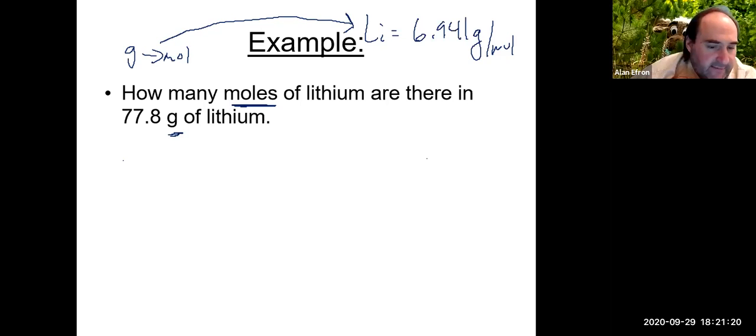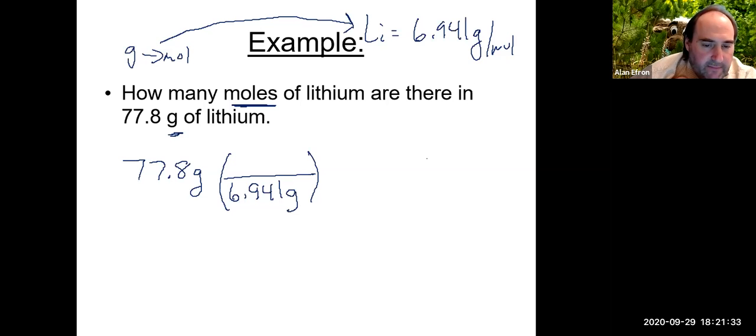So that's going to be 77.8 grams. Again, using it so that the units cancel out, we're actually going to be dividing by the grams part, or putting the grams part on the bottom, and up on top would go a mole of lithium.